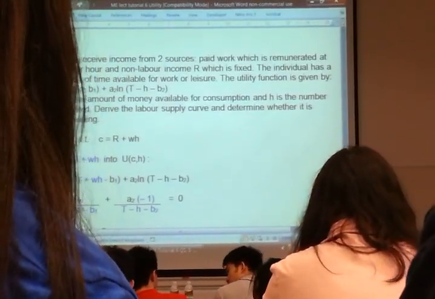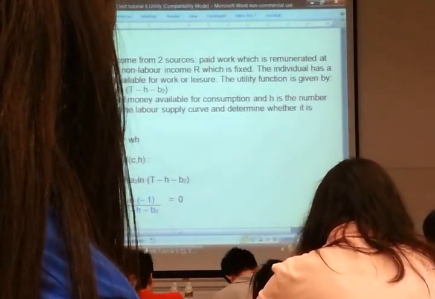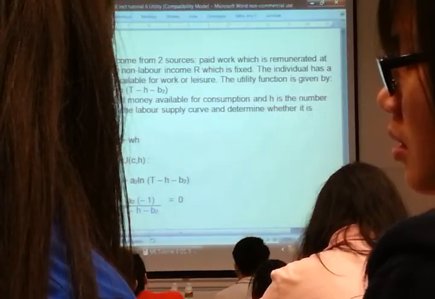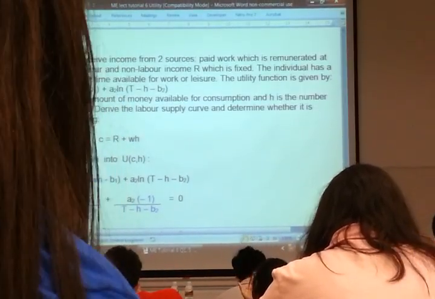Okay, so when you solve the math yourself, as I said before, don't attempt to go and memorize any equation. It won't work. Alright, so every equation you have to solve.